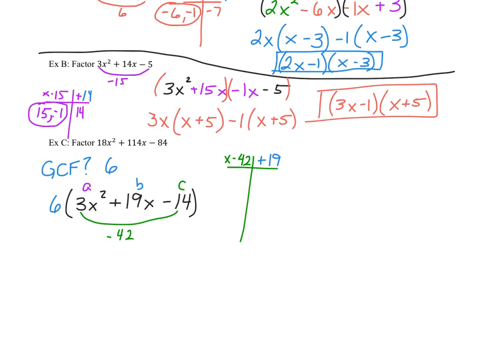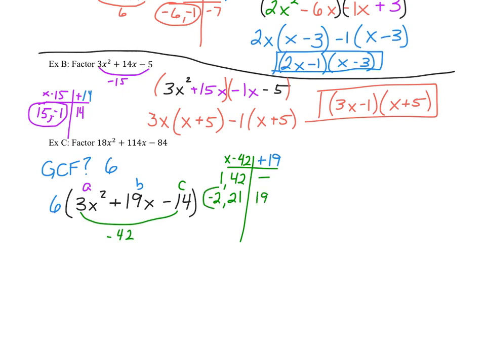So I recommend you just start at the beginning. 1 and 42. Is there any way that can create 19? No. So that's not going to work. Then I go to 2 and 21. Is there any way 2 and 21 can create 19? Yeah, those could create 19 if the 2 is negative.